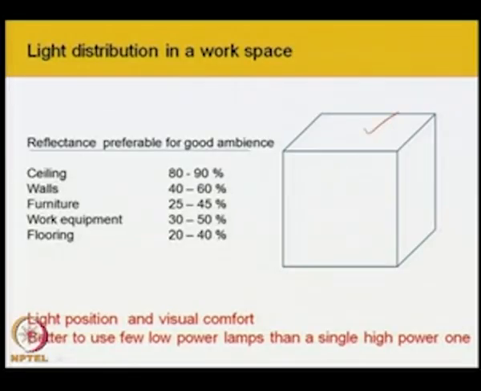Simply we can say that from a ceiling, in a room, around 80 to 90% of the total light should reflect, the walls around 40 to 60%. If there is any furniture, then from this furniture around 25 to 45% should reflect.